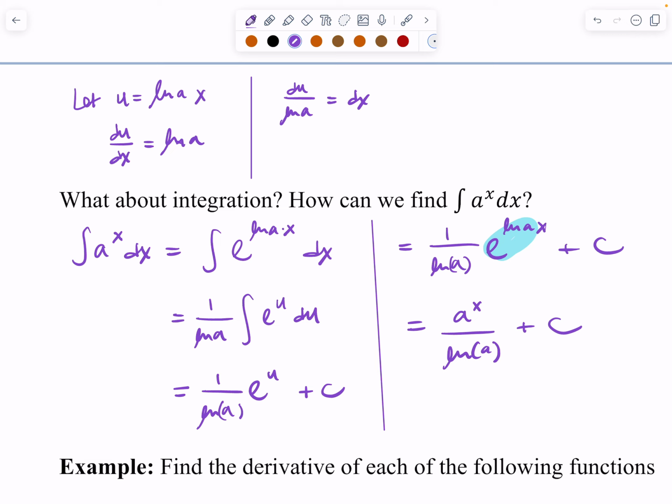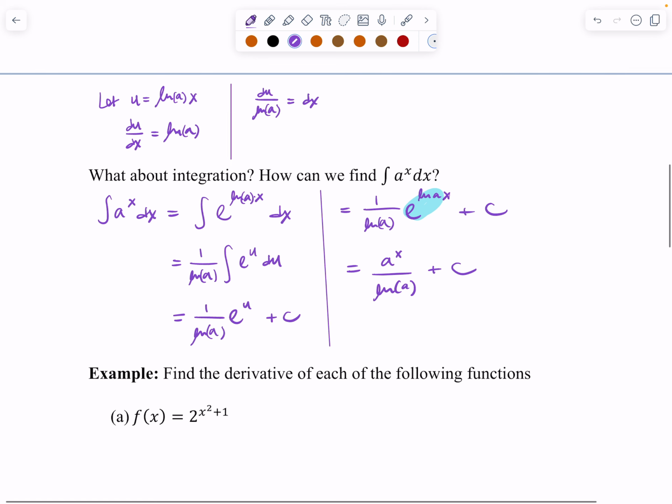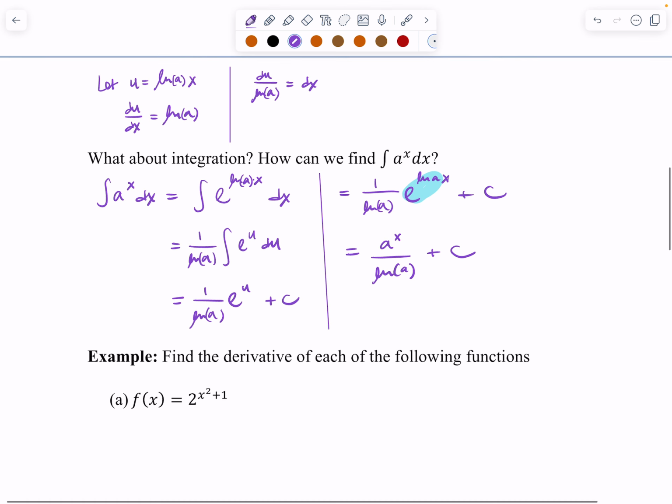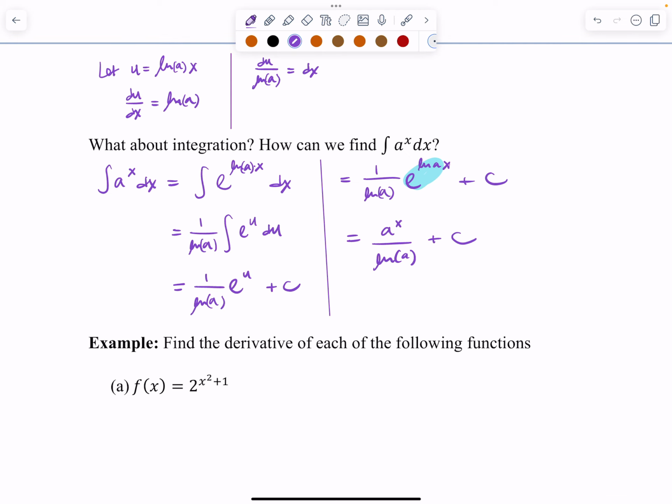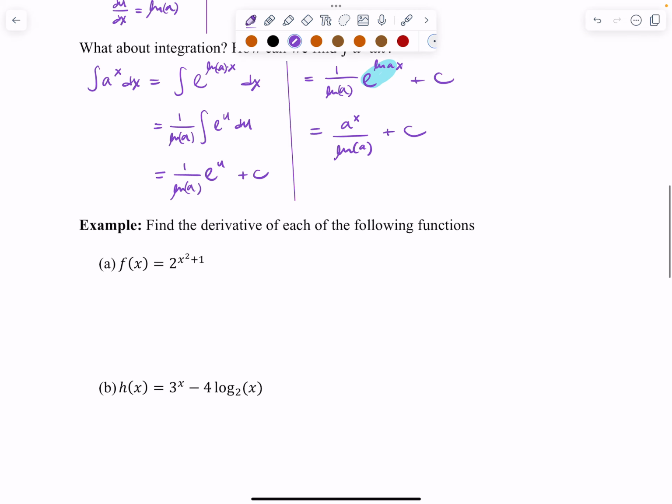I should be consistent. You don't technically need the grouping symbols around the a, but since I did it in one step, I'll do it everywhere else. So the integral of a to the x would be a to the x over natural log of a. And we'll use that here in a minute.